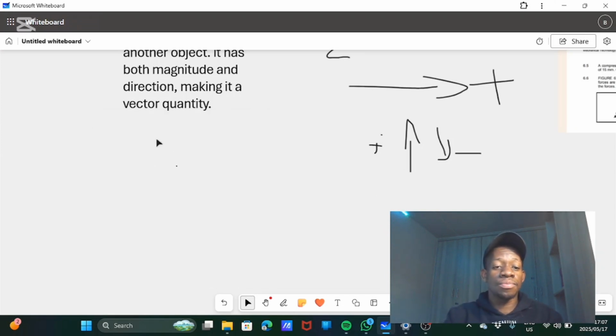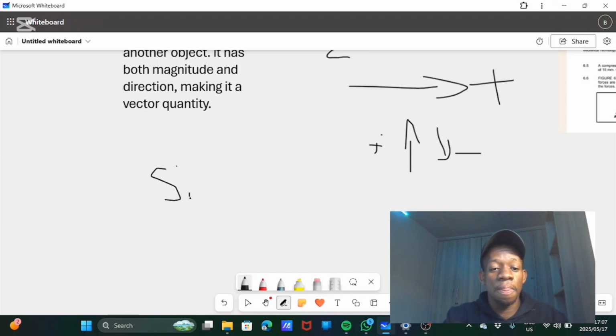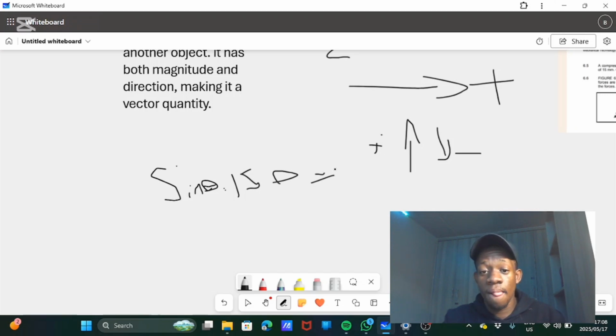I'm not good at drawing this, so let me try. Sine of theta times the force is equal to F vertical.